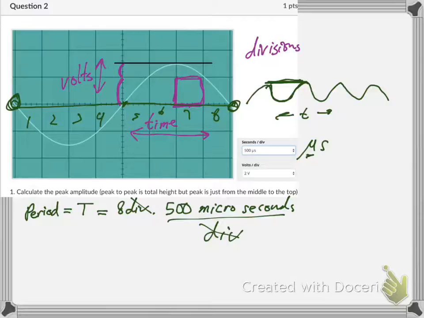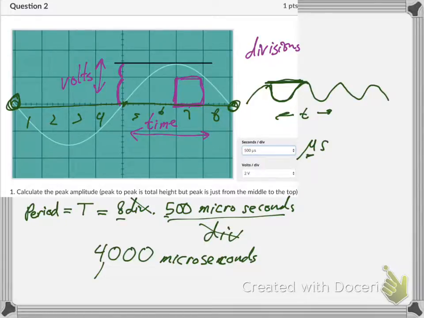Now you see that we get 8 times 5 is 40, and then add the zeros, so there's 1, 2. And then after that, it's microseconds. So that is the answer to the next question. What is the period of the wave? It's 4,000 microseconds. And now I'm going to pause you for just a minute and show you something else.